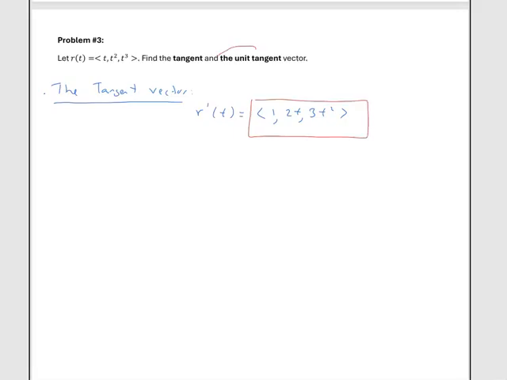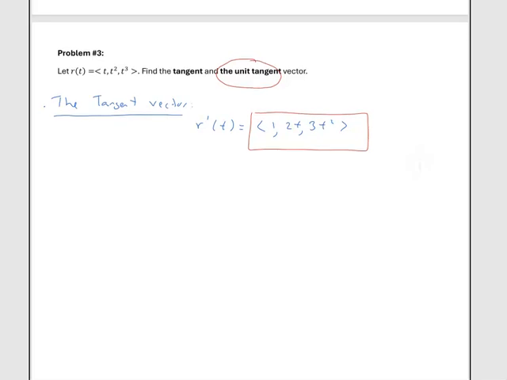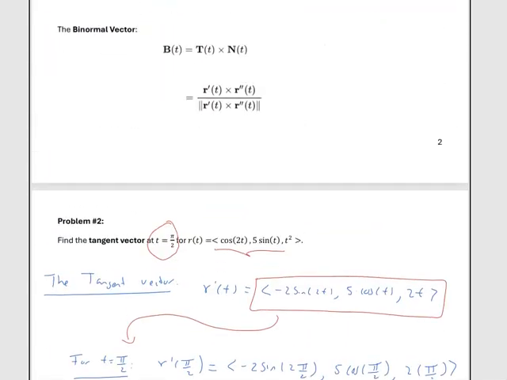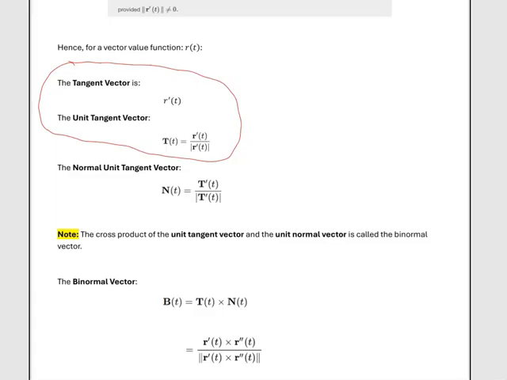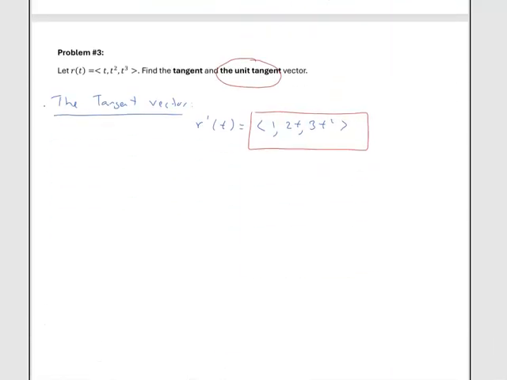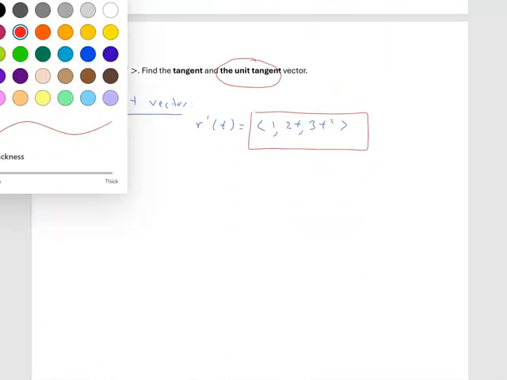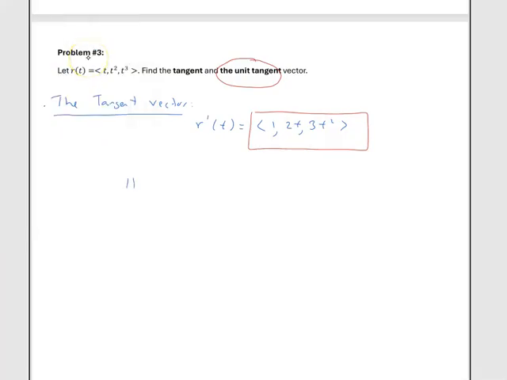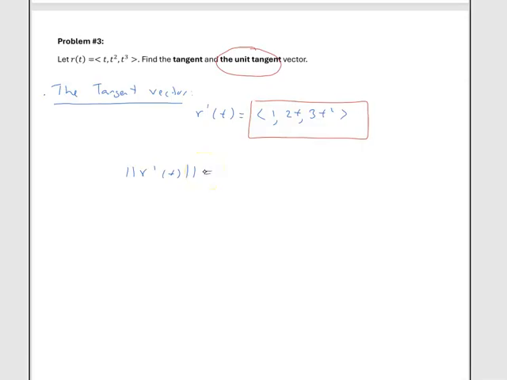The next evaluation is the unit tangent vector. So what we're going to do for the unit tangent vector is divide it by the norm. So technically, we need to evaluate the norm. In this case, the norm of r prime of t is going to be equal to the square root of 1 squared for the first component, plus the value of 2t squared, plus the value of 3t squared, squared.